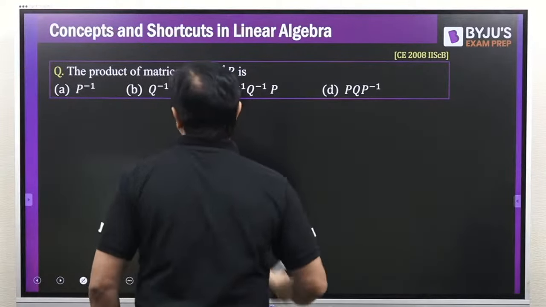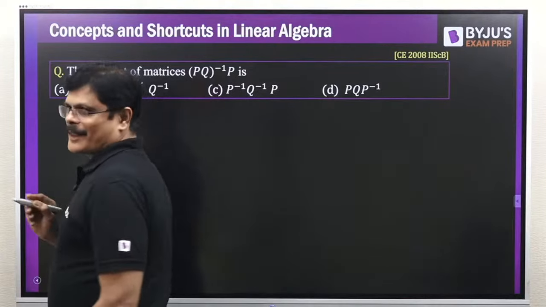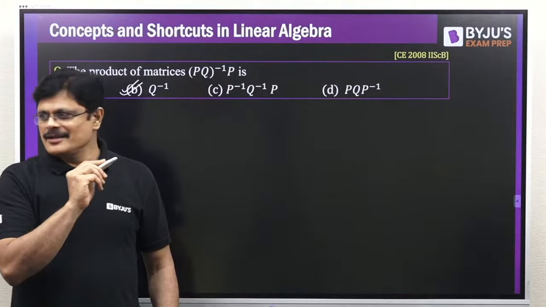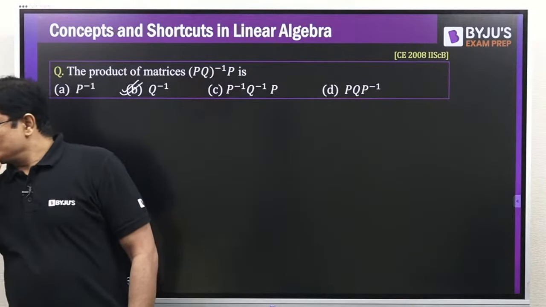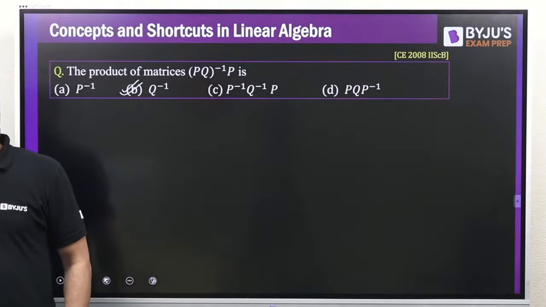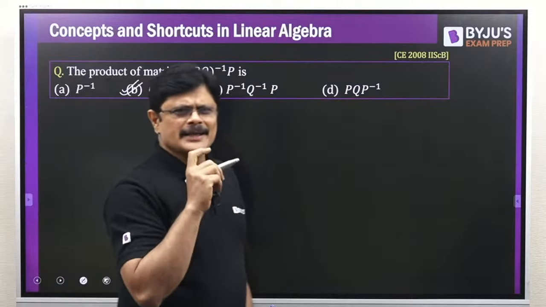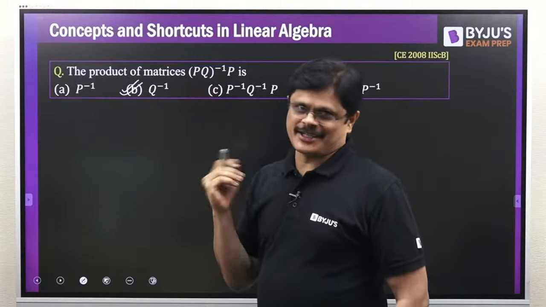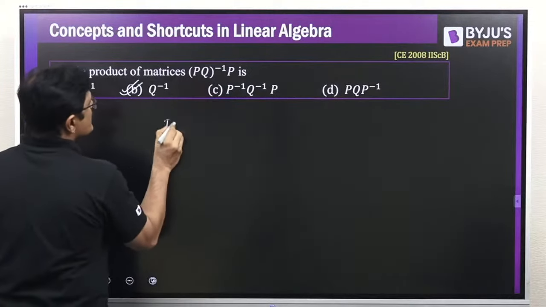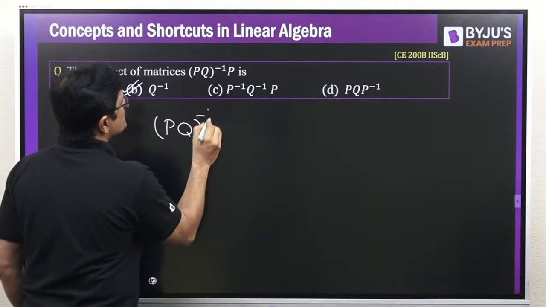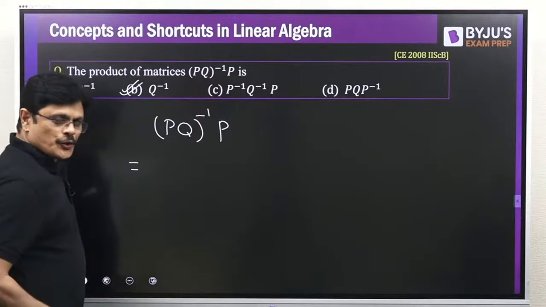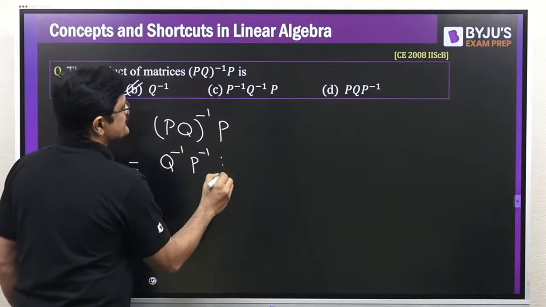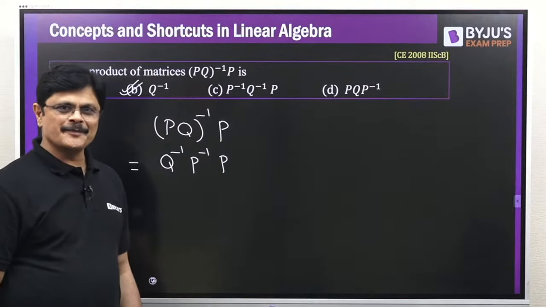Option B, correct. Yeah, Kruti, option B, KTK, option B. Actually, let us verify and check. (PQ) whole inverse into P. Just now you know the result: (PQ) whole inverse is Q inverse into P inverse, into P. What is P inverse into P, sir?